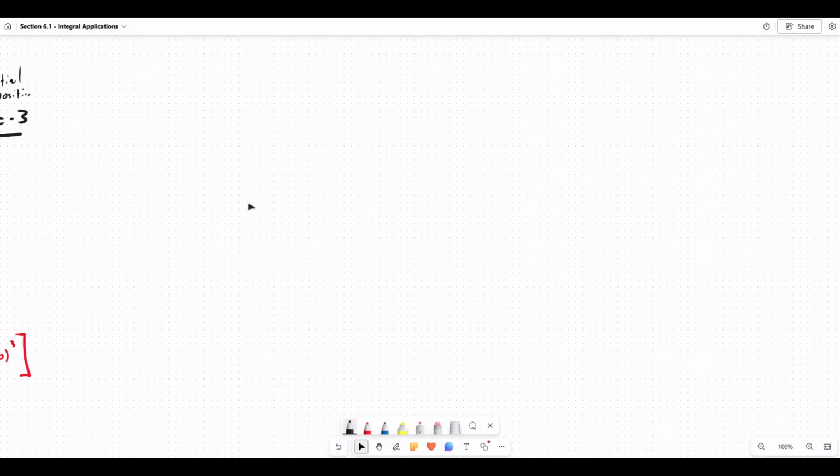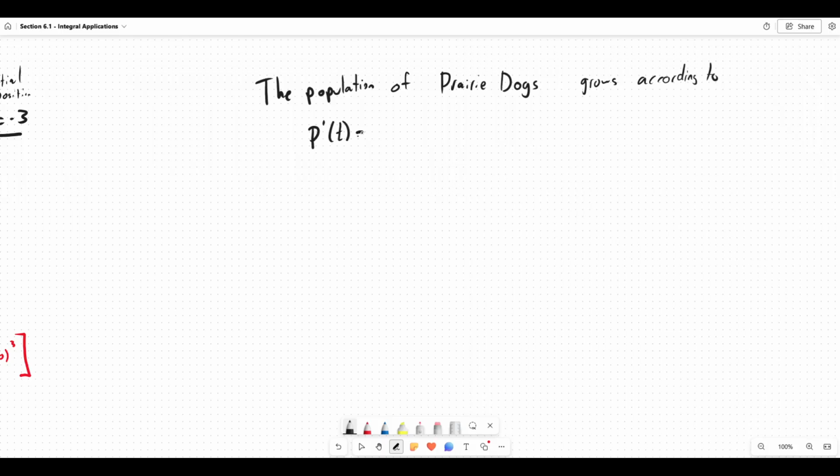Okay, let's look at another one. The population of prairie dogs, this is coming from your homework, grows according to p prime of t equals 20 minus t over 5 prairie dogs per month.